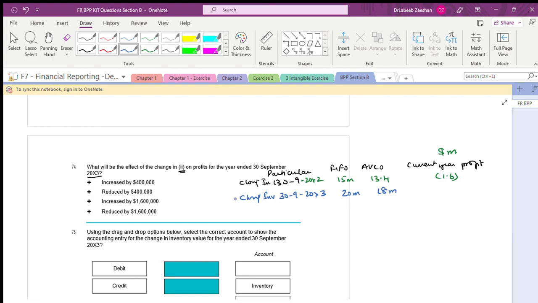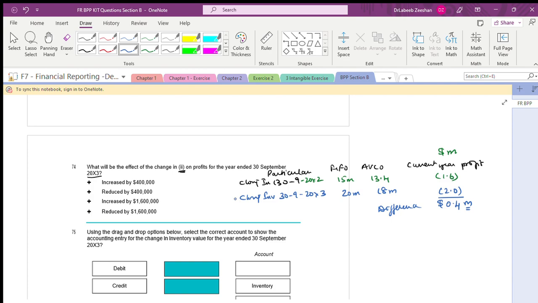How much is the difference? The difference is 2. Writing very clearly, the difference is 0.4.